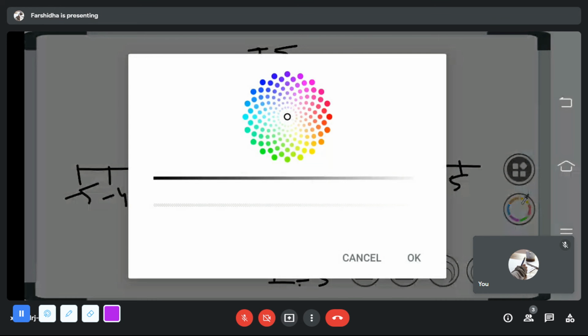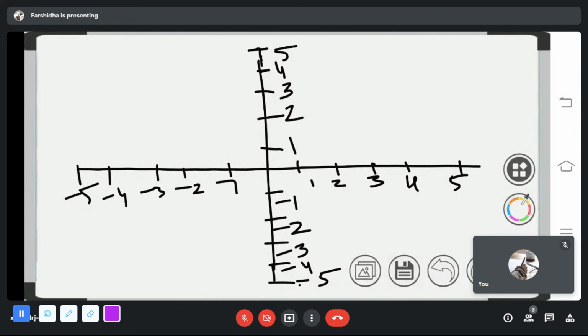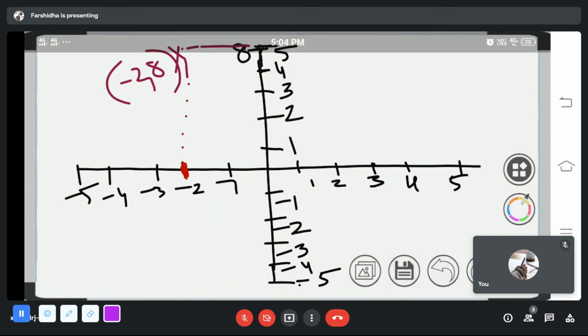So the first point is (-2, 8). The x coordinate is minus 2, the y coordinate is 8. Suppose here 8 is there. I don't have any place. Second is (-1, 7).